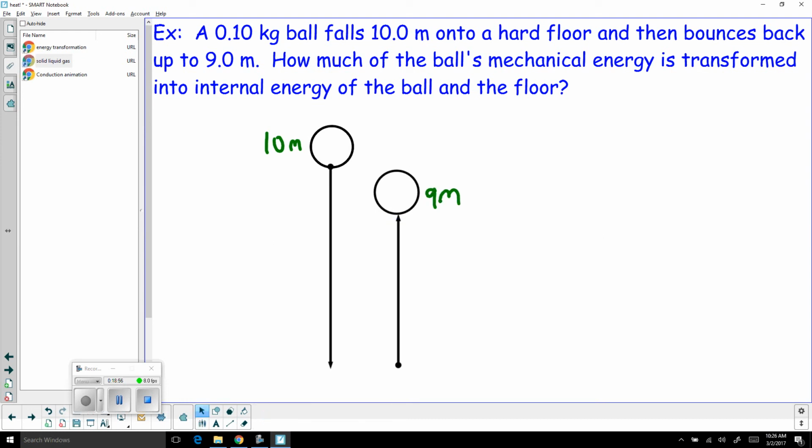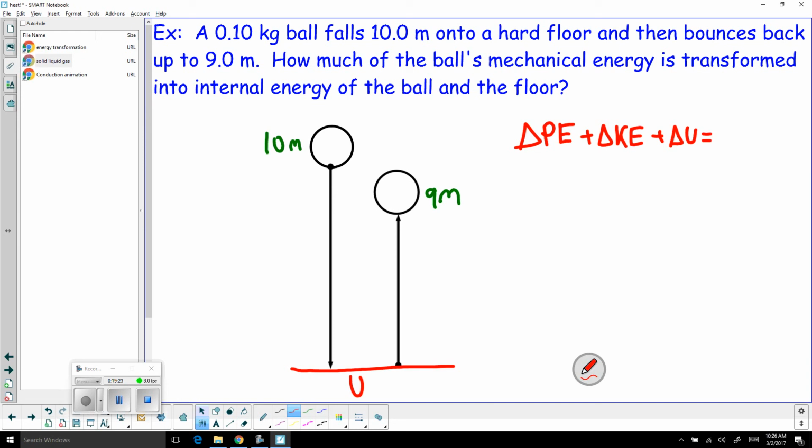So somewhere in between hitting the floor and bouncing back up, the floor gained some thermal energy, gained some internal energy, or there was some friction that was gained by the floor. So using this equation, I'm going to rearrange this equation to isolate the change in internal energy.